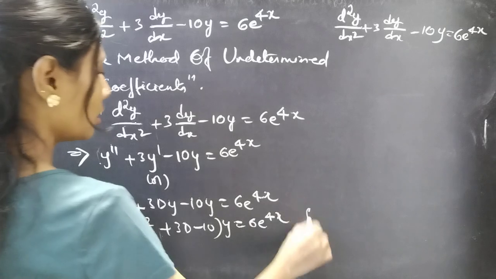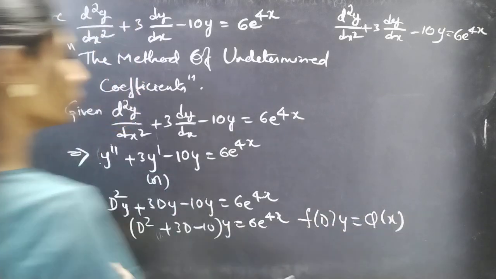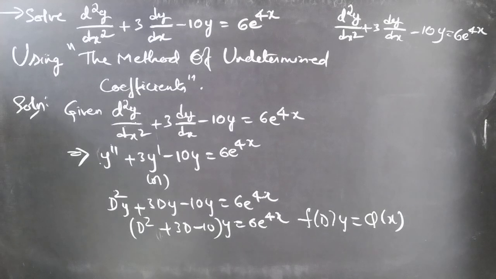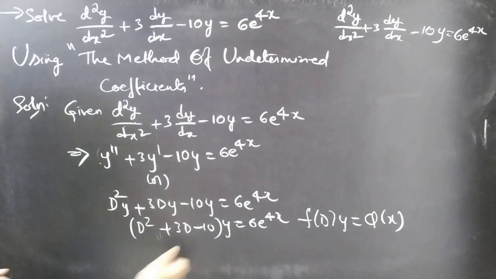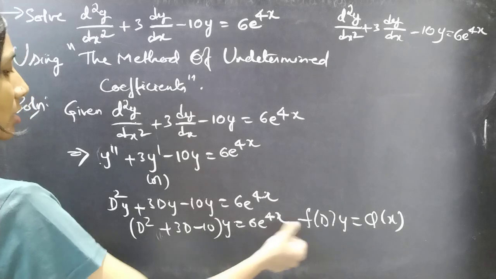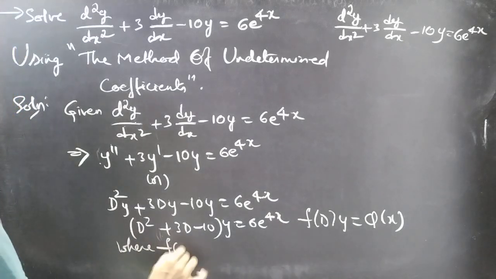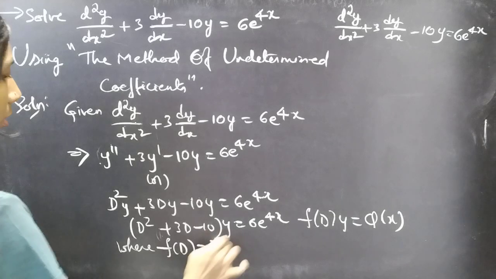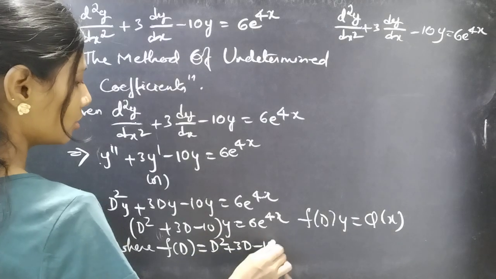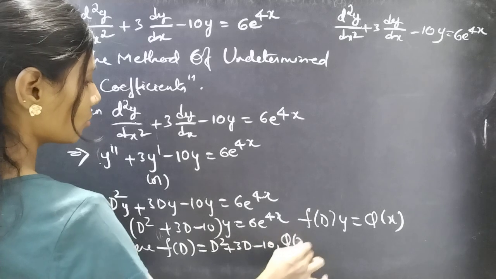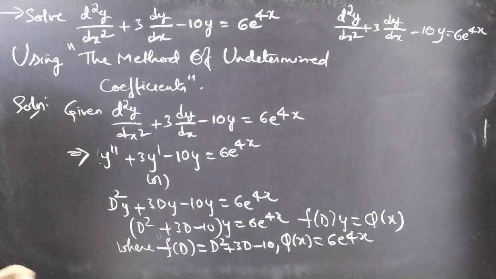Say f of d into y equal to q of x, where f of d equal to d square plus 3d minus 10 and q of x equal to 6 e power 4x, right?